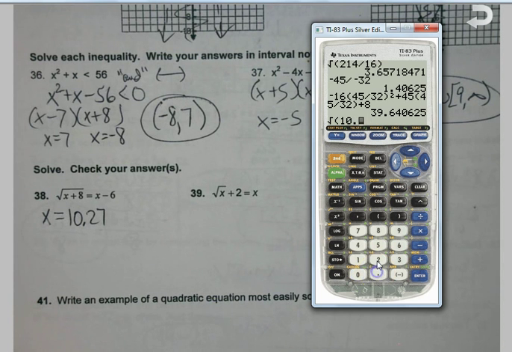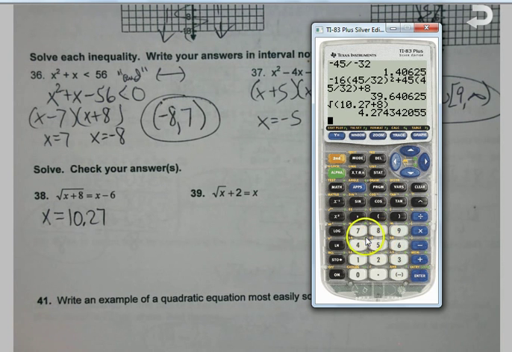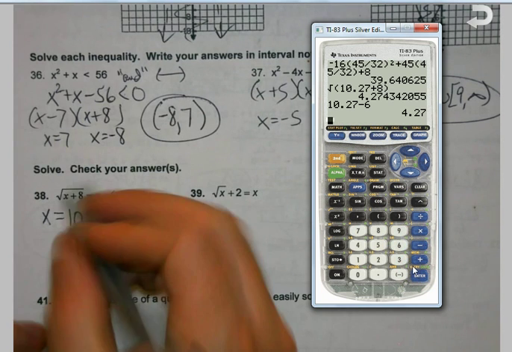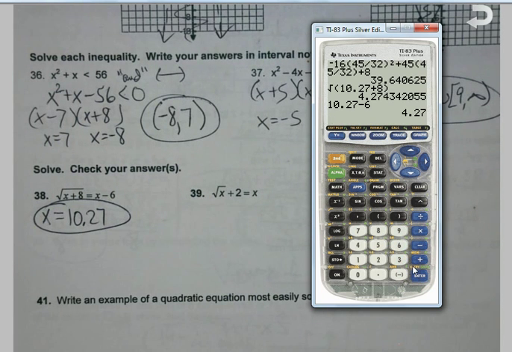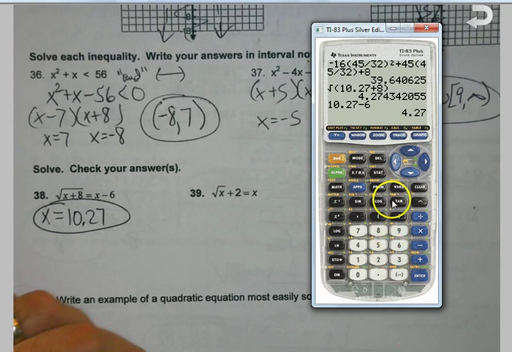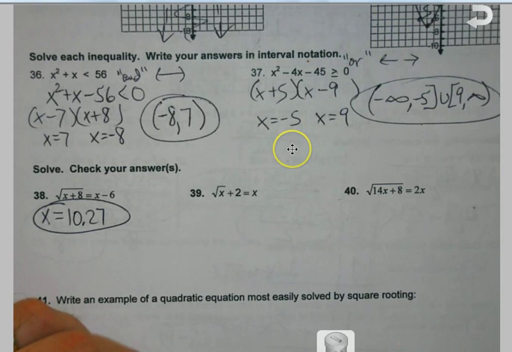So 10.27 plus 8. And then is that the same as 10.27 minus 6? Basically, yep. So that one works. But like I said, just a you and me hint. Won't be that bad.